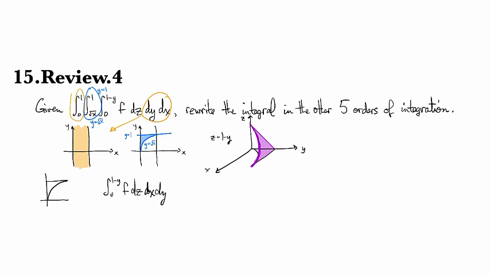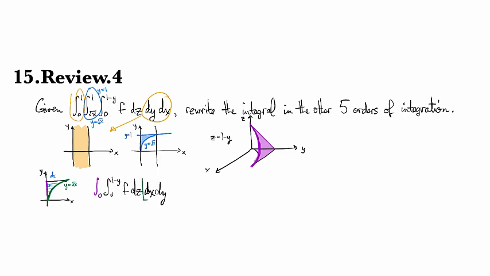Then instead of doing y first, I'm going to be doing x. So there's my going in the dx direction. That's x, it's y. So x starts on this surface here, where x is equal to 0. And then it's going to come up to this one right here, and that's formed by y equals root x.